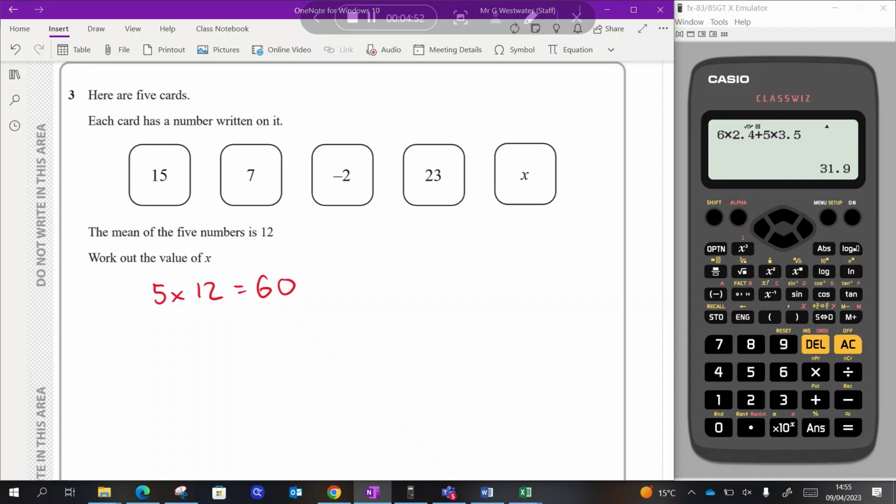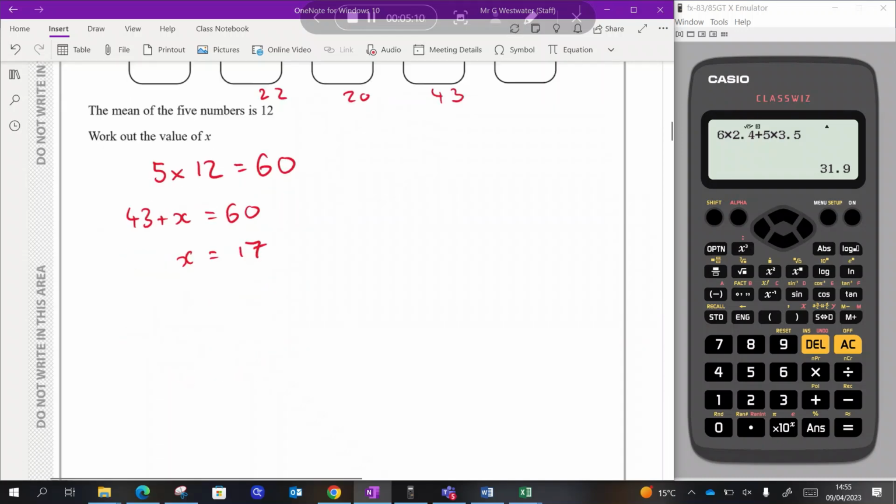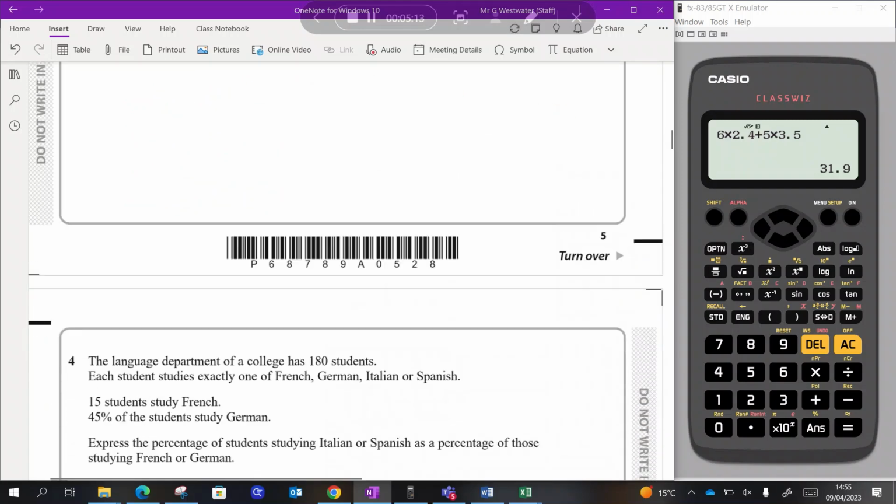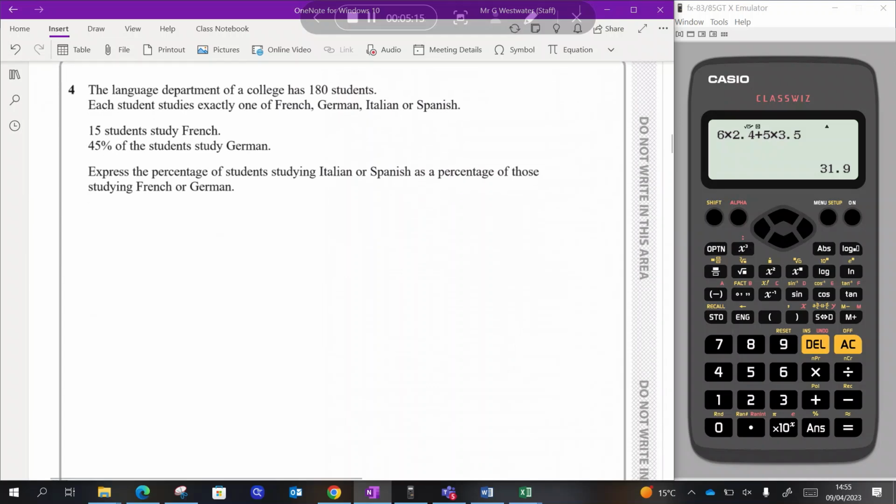Let's add them up: 15, add 7 is 22, minus 2 is 20, add 23 is 43. So I know that 43 add x is 60, therefore x must equal 17. Okay, x is 17. And on to question 4.